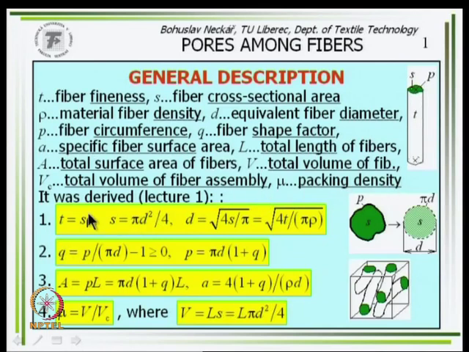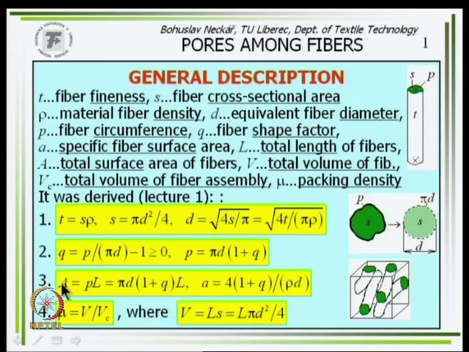We derived for fibers that fiber fineness T is cross-section S times ρ, so that all these relations are valid. Q, the fiber shape factor, is defined as the perimeter of the fiber cross-section divided by πd, the shortest perimeter possible for the same area, minus 1, so that the fiber perimeter is given by this expression.